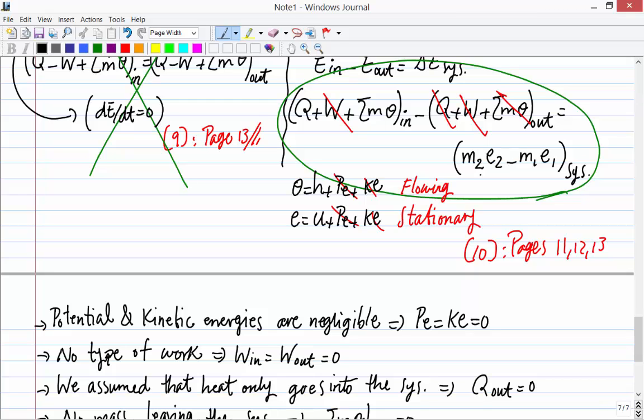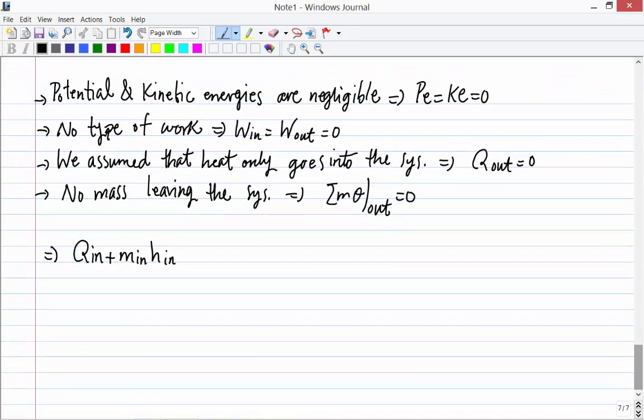On the right side, I have m2 e2, and e is u, the internal energy, which is provided in the tables.